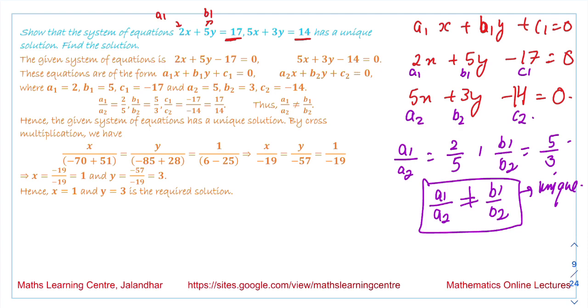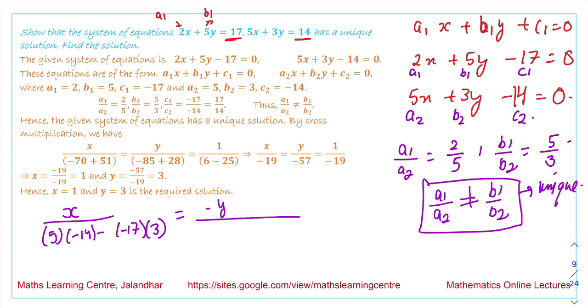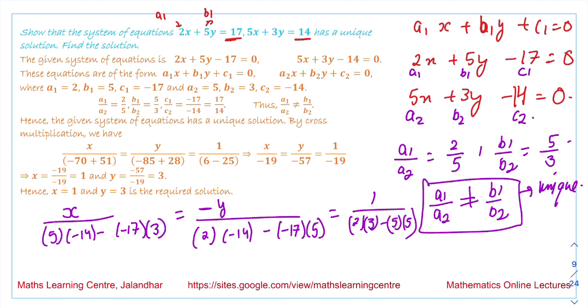To solve this system we are using the cross multiplication method, and we are writing the answer as x over 5 into minus 14 minus 17 into 3, is equal to minus y over 2 into minus 14 minus 17 into 5, and equal to 1 over 2 into 3 minus 5 into 5.